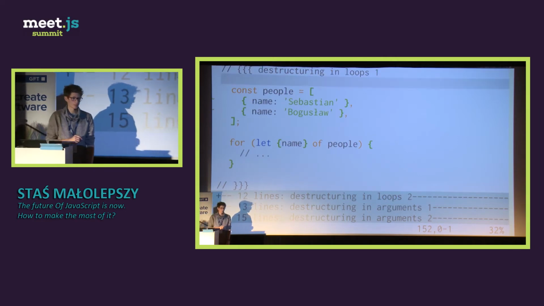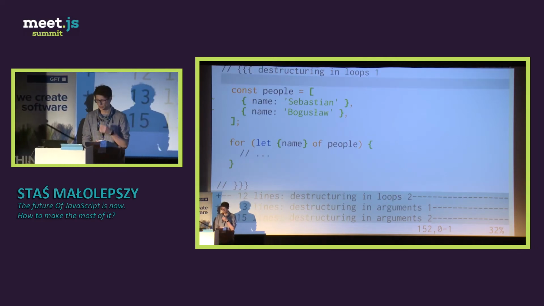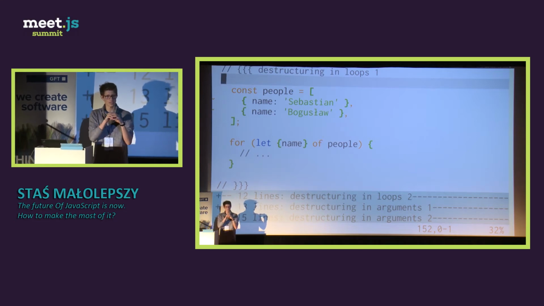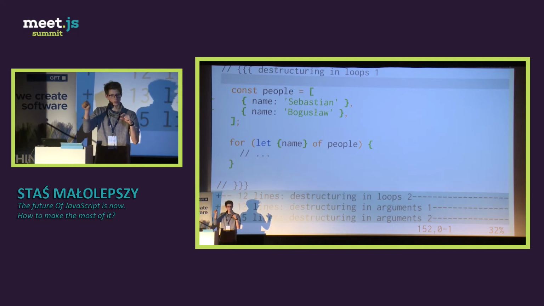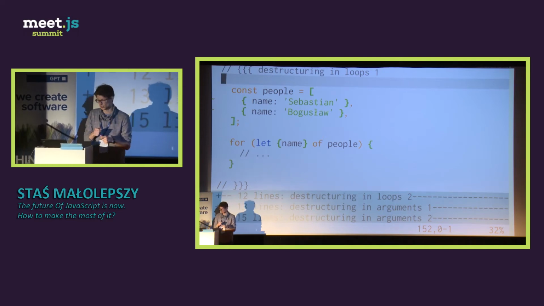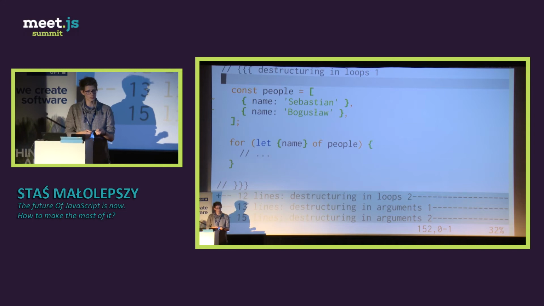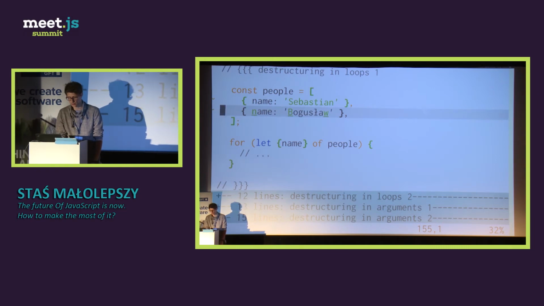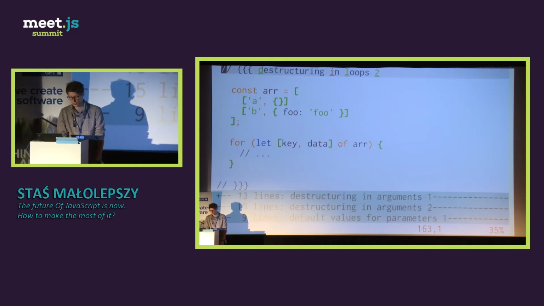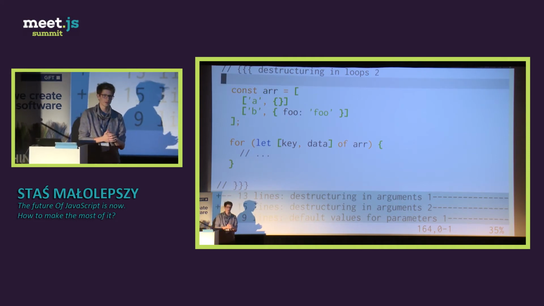You can also use it in loops. So you can easily assign inside of a loop a variable that's pointing to a property. Again, this makes your code easier, and it works great with the for-of operator, which I'll talk about in a second as well.